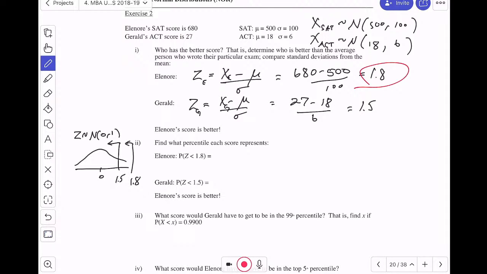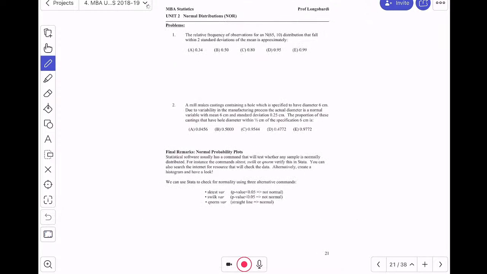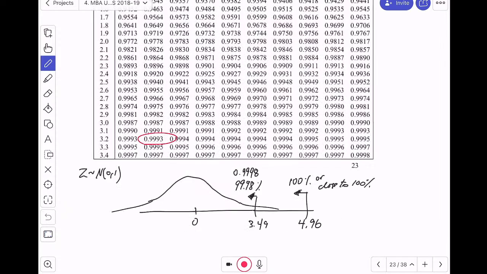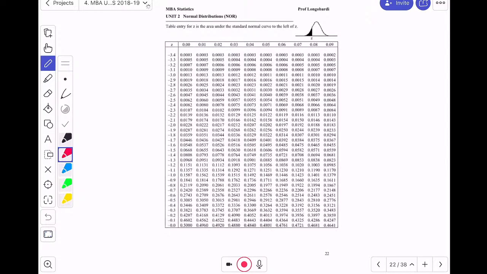You're finding the area under the curve left of these positions. So let's go look for 1.8. On the positive table, 1.8 is here, 9641.